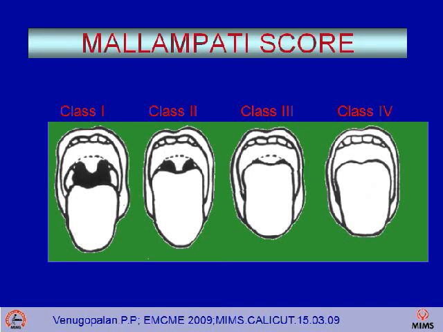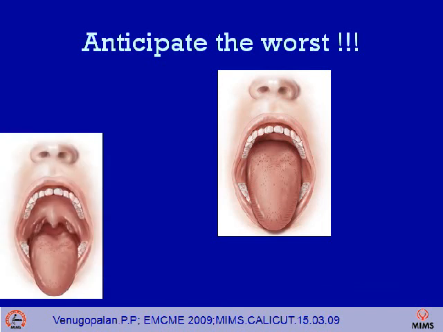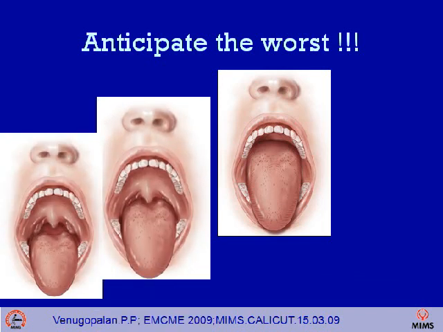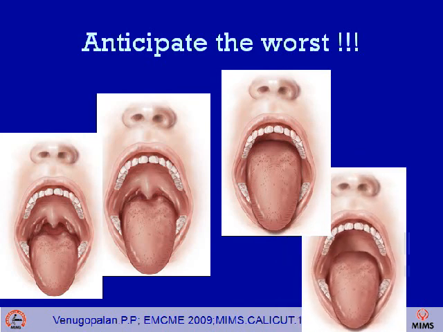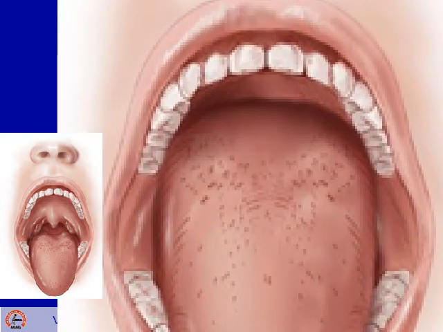Mallampati assessment is difficult or not possible in an unconscious patient. It is only for a conscious patient. You can expect the worst intubation in class 4 and the easiest in class 1.